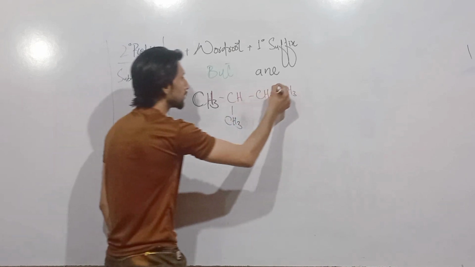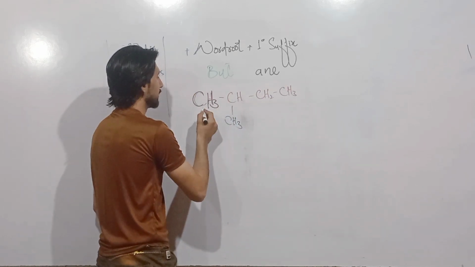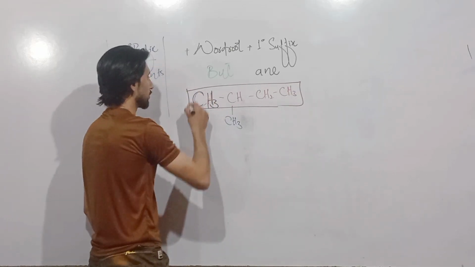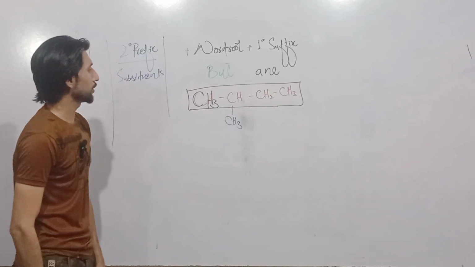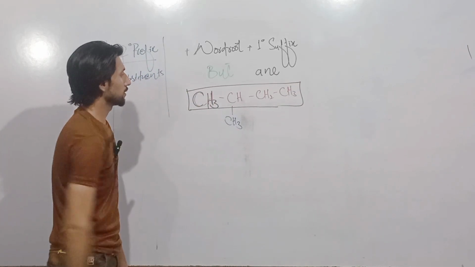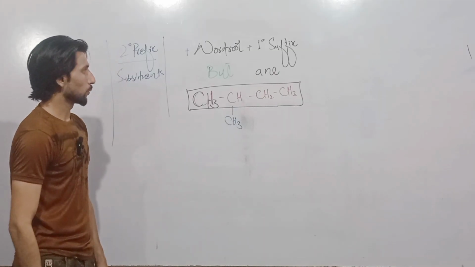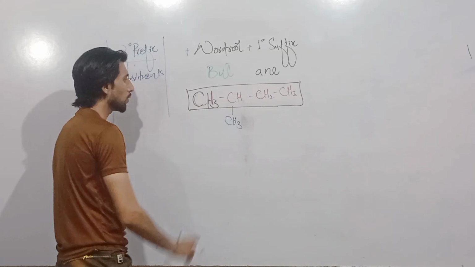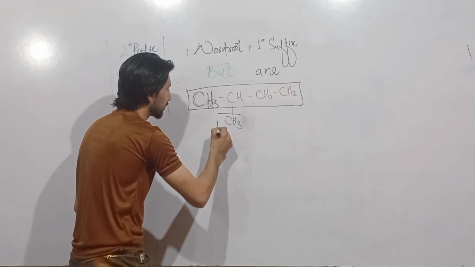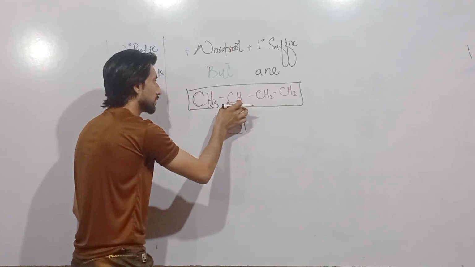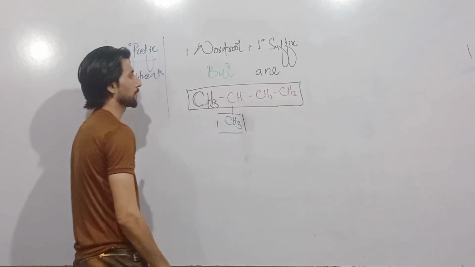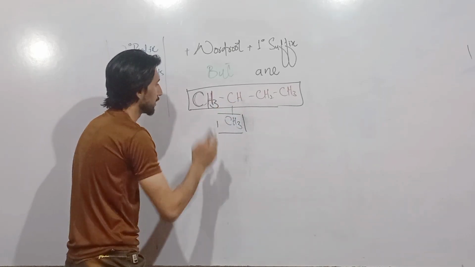So in this case, this could be my main chain, and this could be the branch. Suppose this becomes my main chain. Now I must name my branch before I am able to name my main chain. The branch should be named first.